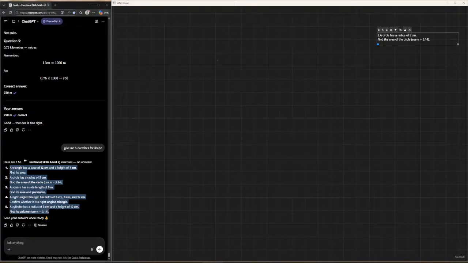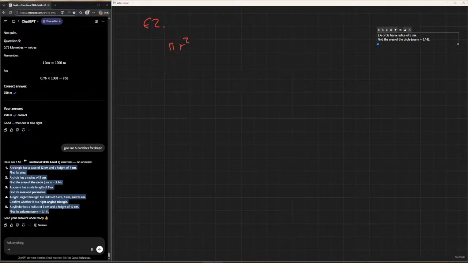So we need to find the area of the circle. So what's my first step here? Pi r squared, I think, for the circle. So for exercise 2, I remember, I think it is this one, pi r squared.